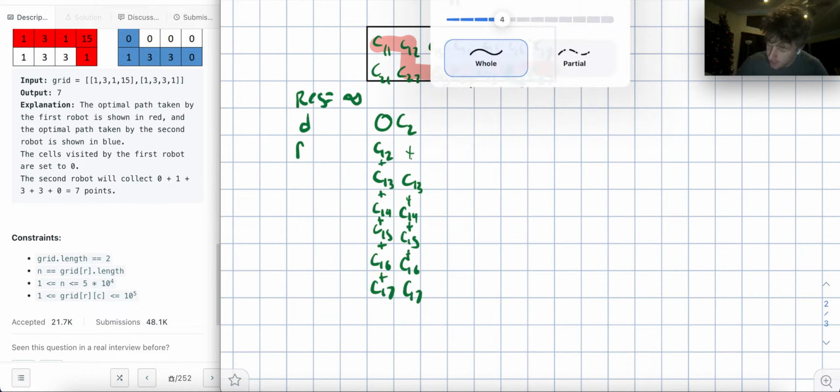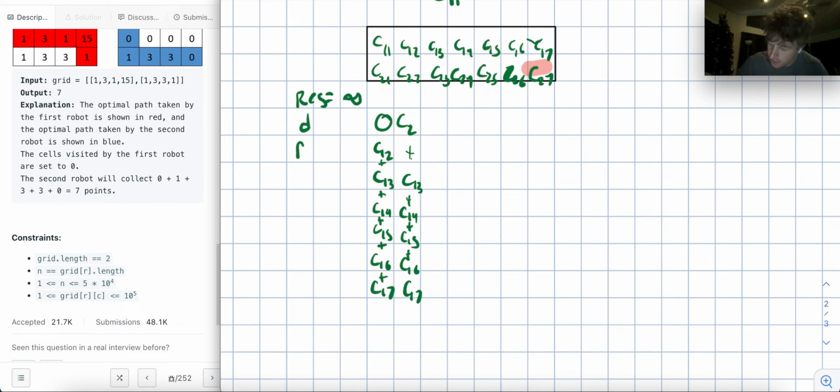It's the same game over and over again. Now what if I went right here? It couldn't get C13 anymore going right, but it could get C14, C15, C16, C17. And going down, it could actually get C21 plus C22. So these sums are built up as you go.